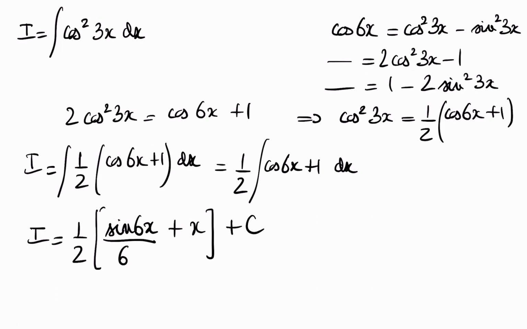Okay, let's do that with a definite integral. Say we want to calculate the integral between minus pi on 2 and pi on 4 of cosine square x dx. Right.